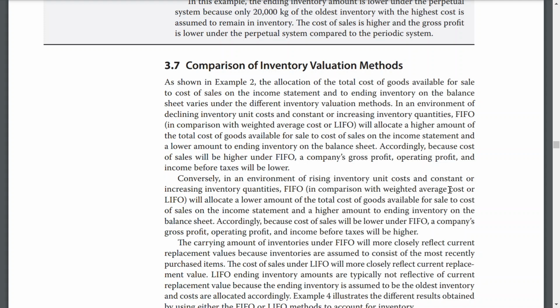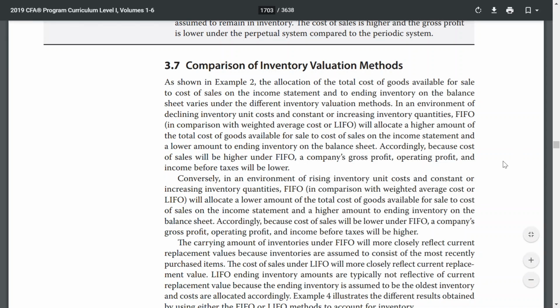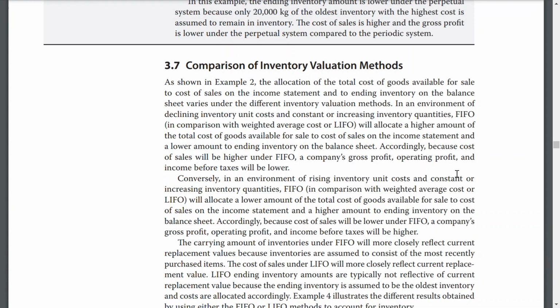In an environment of declining inventory unit costs and constant or increasing inventory quantities, LIFO, in comparison to FIFO and the weighted average cost, will allocate a higher amount of total cost of goods available for sale to cost of sales in the income statement and a lower amount to ending inventory on the balance sheet.